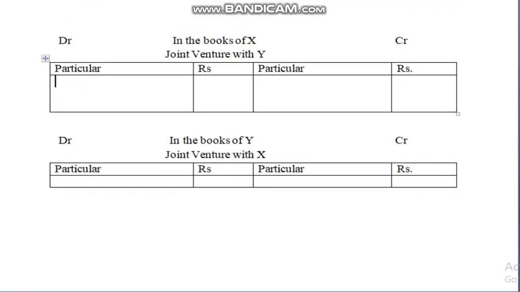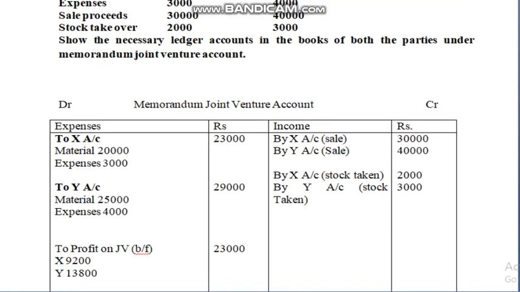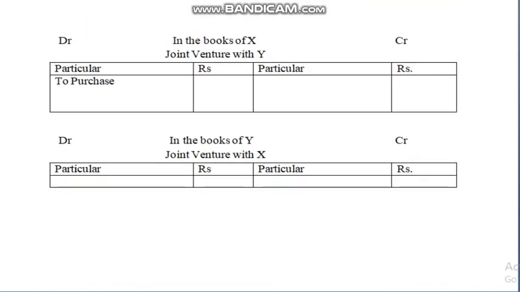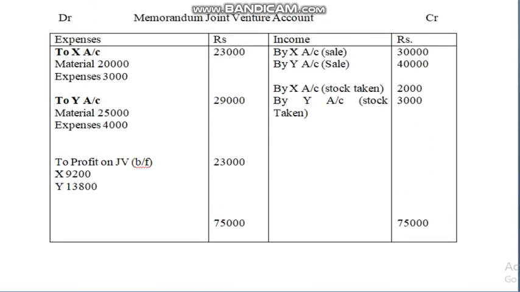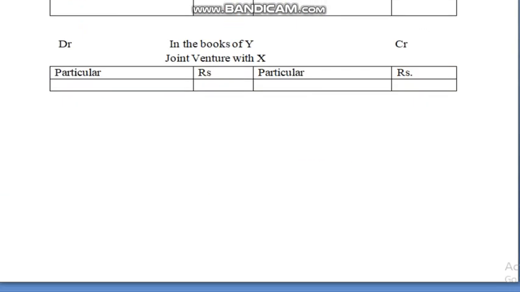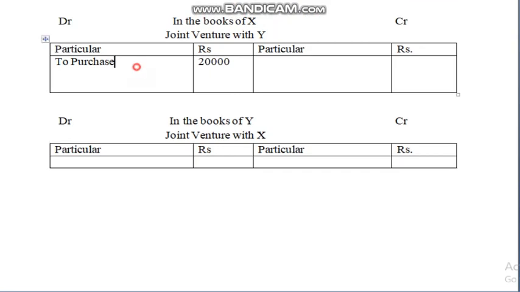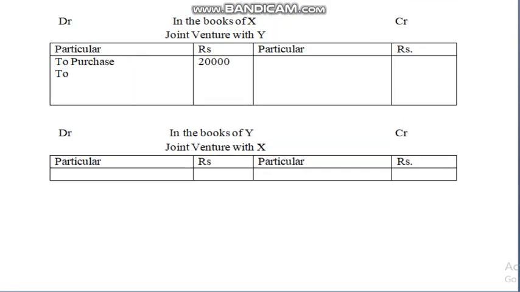So to purchase, material 20,000. The next one, expenses. How much expenses? 3,000. The expenses are credited to cash or bank. So to cash, rupees 3,000.